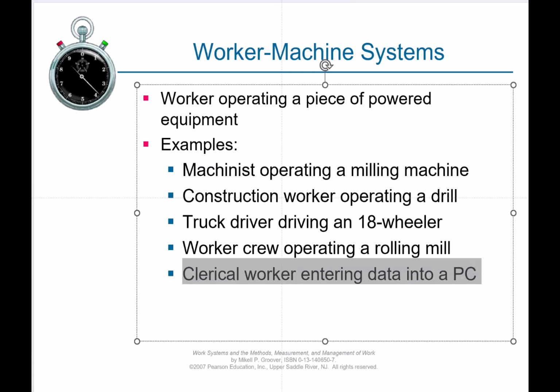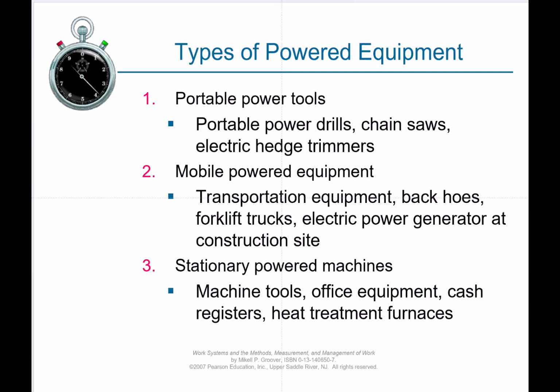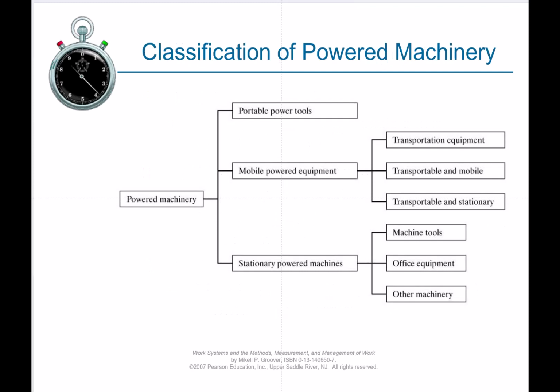Those are examples you may be exposed to, with humans on one side and machines on the other. Sometimes you have power equipment, power drills, chainsaws, mobile equipment, or stationary power equipment. This is some of the classification of power equipment and power tools, mobile and stationary.